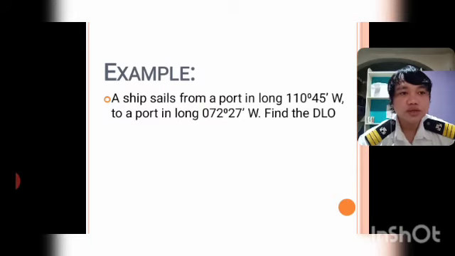Both came from the western arc, the left side of the prime meridian. So in order to obtain the value of the difference of longitude, we must subtract.